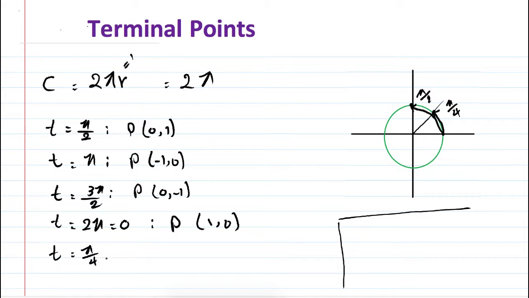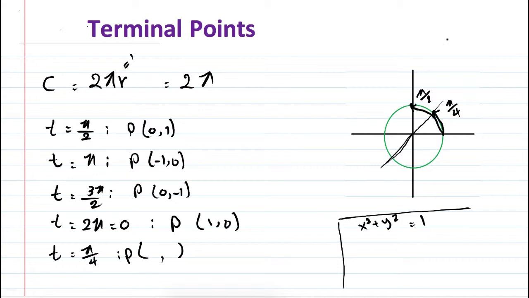P will have an x and y. For the unit circle, the equation is x squared plus y squared equaling 1. And this point, which is pi over 4, is exactly on the line y equaling x.